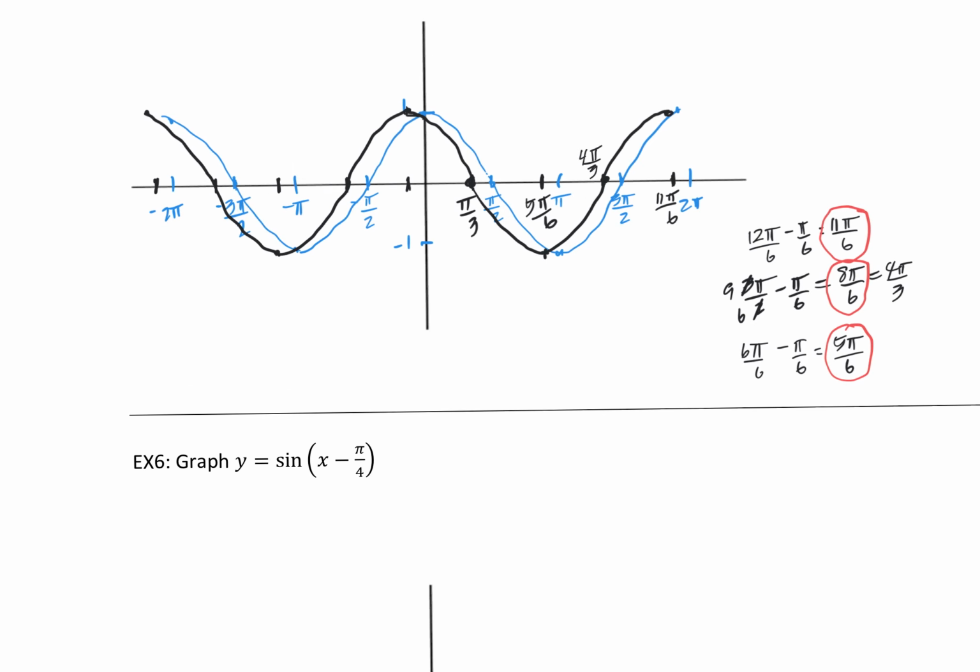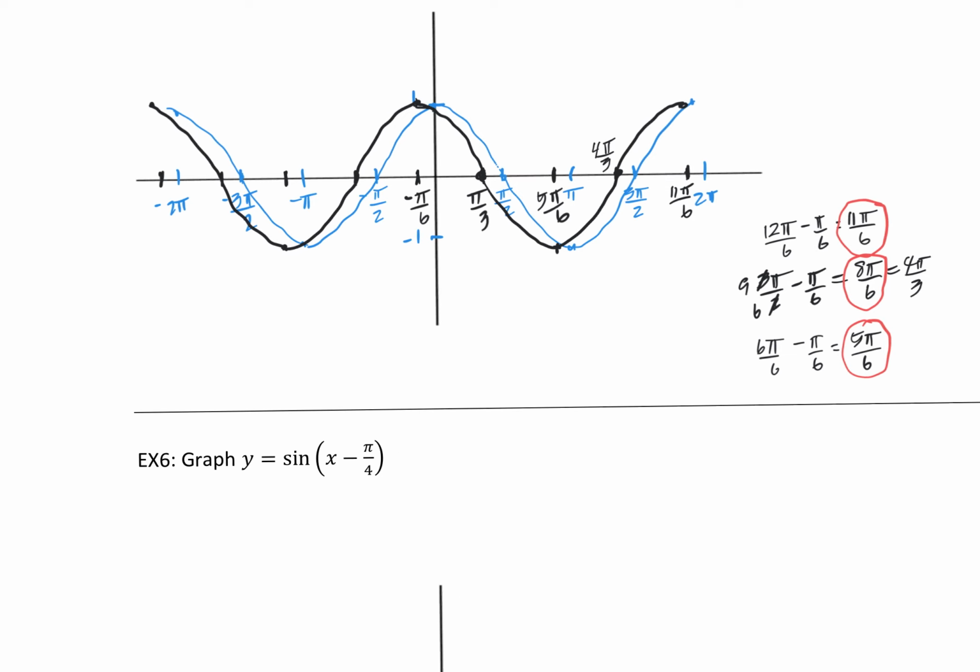And then here we have a negative pi over 6. If we kept that pattern going, just imagine 5 pi over 6, take away 3, we're at 2 pi over 6. I'll write the pattern down here. We were at 11 pi over 6, and then we went to 8 pi over 6 and reduced.